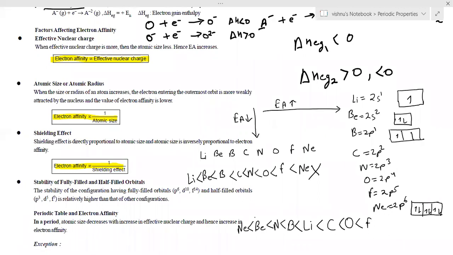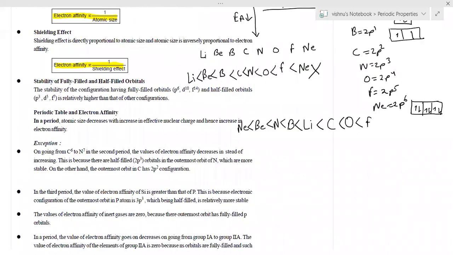So all of you getting this? Just raise your hand if you got this. You have to remember this order. I've explained how this order is obtained. If anyone has any doubt, just ask me.